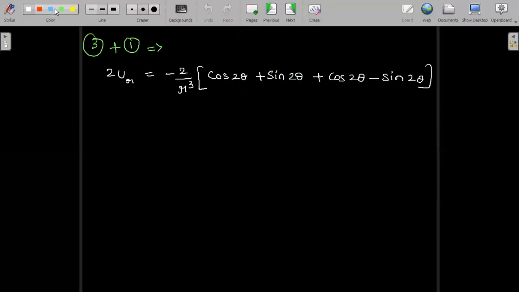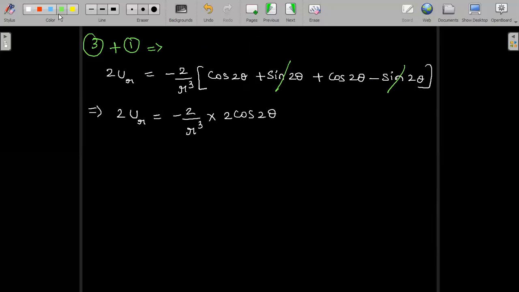And we observe that one of the terms gets cancelled now. Which term gets cancelled? Sin 2 theta gets cancelled. One is plus, the other one is minus. So what is the expression we are getting for 2 Ur? 2 Ur is equal to minus 2 by r cube into 2 cos 2 theta. Again, I can cancel 2 on both sides.